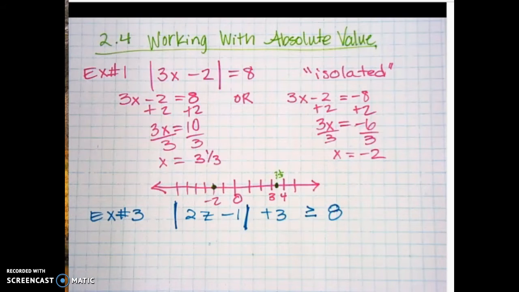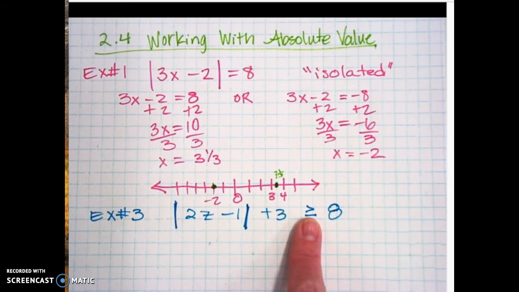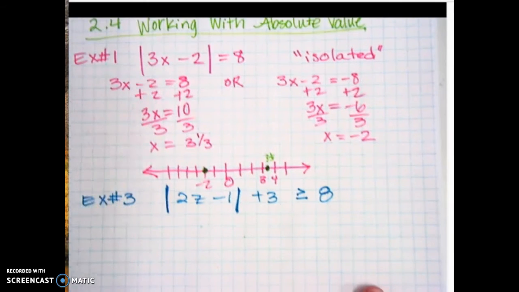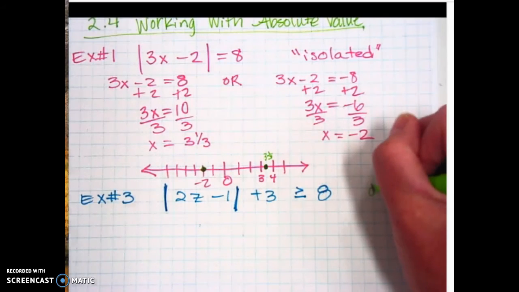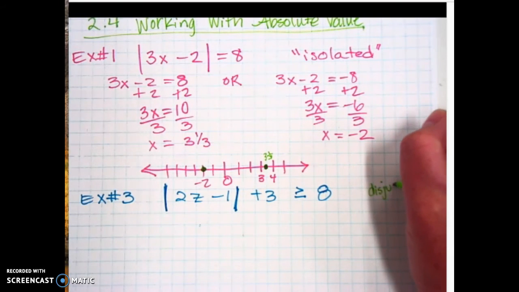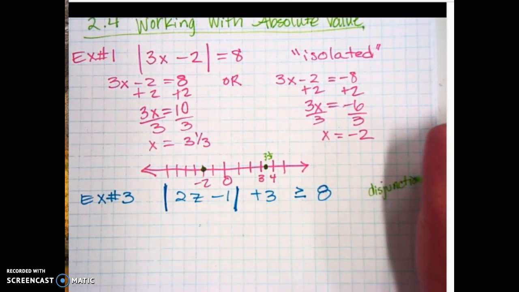Okay? And anytime you have the greater than or equal to, or even if you didn't have the equal part, it's called a disjunction. Where you're going to have the or.